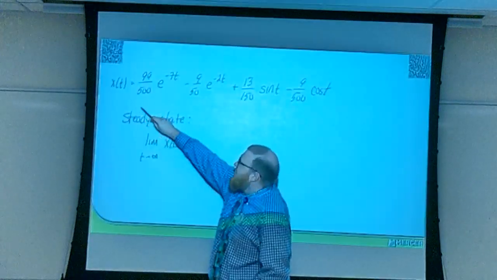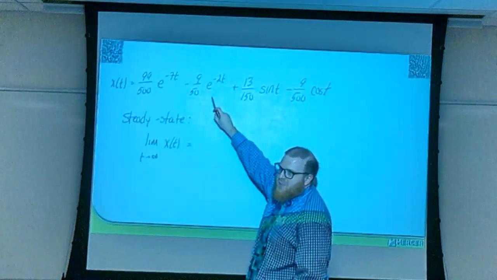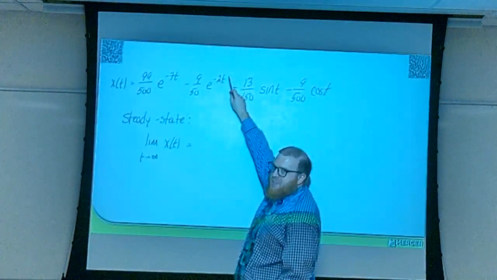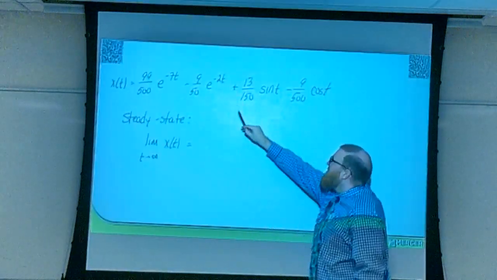What does this do as t goes to infinity? Goes to 0? What is this doing?